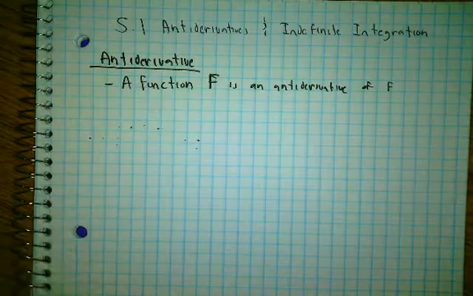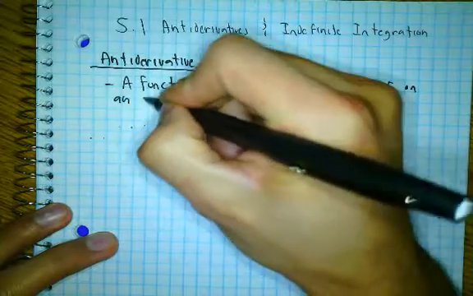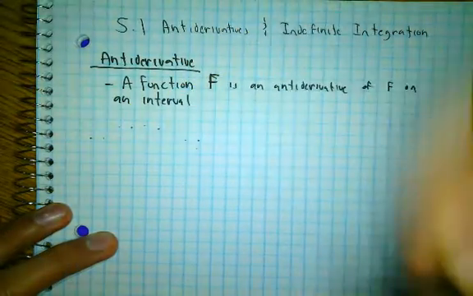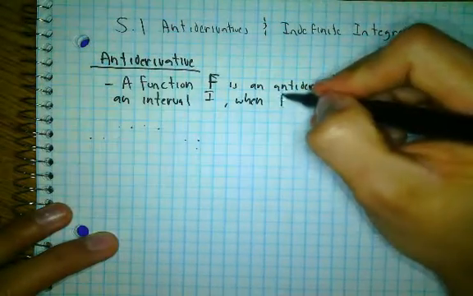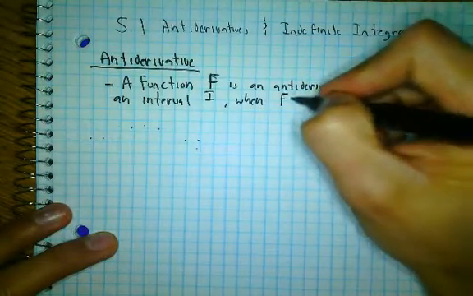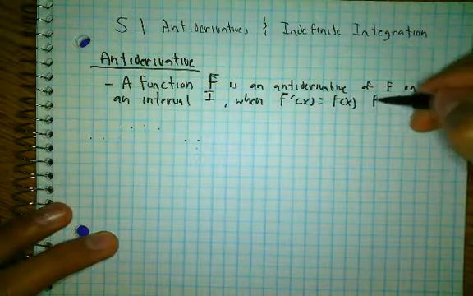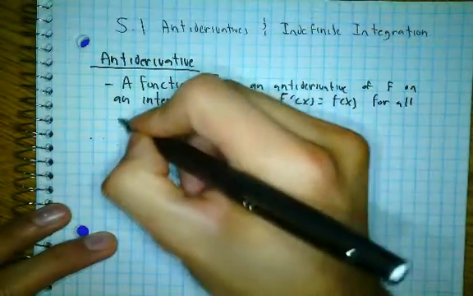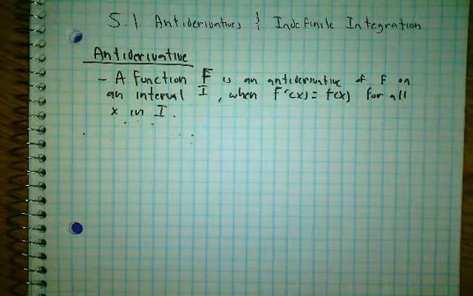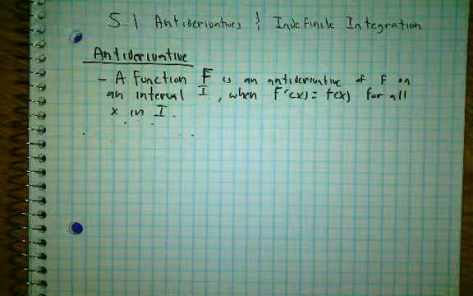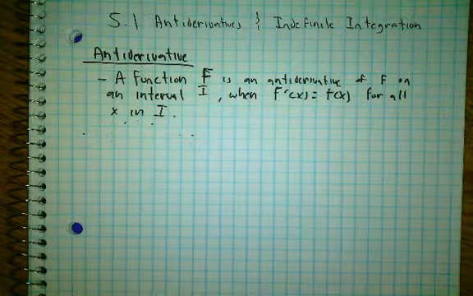Function F is an antiderivative of f on an interval I when F prime of x equals f of x for all x in I.